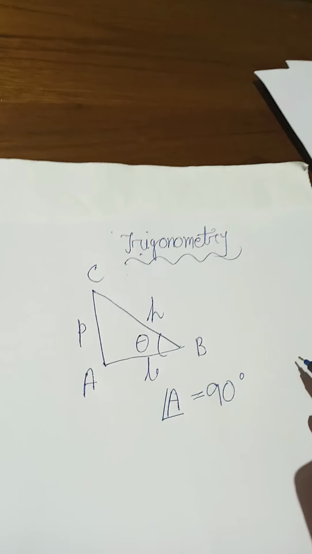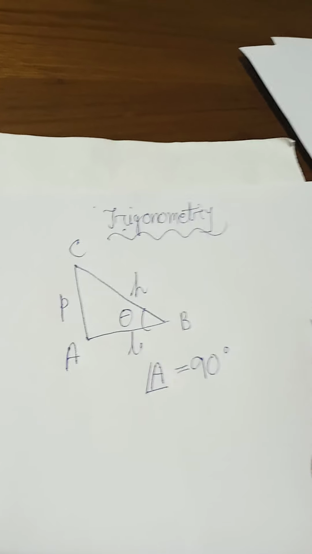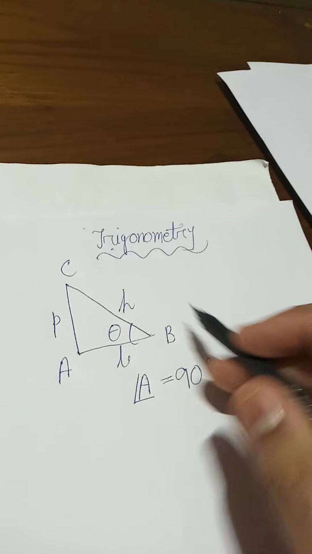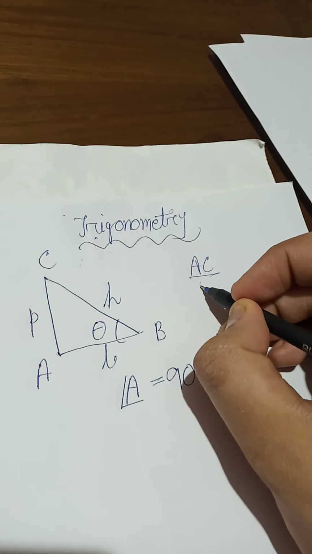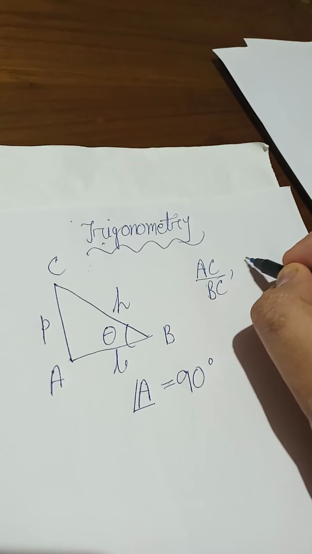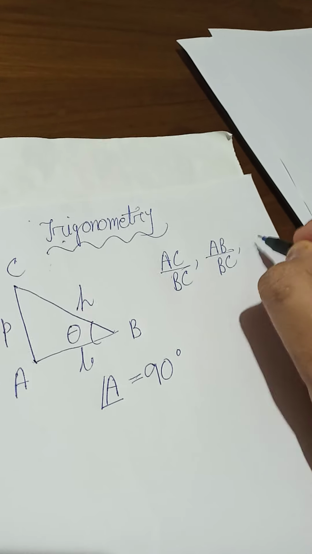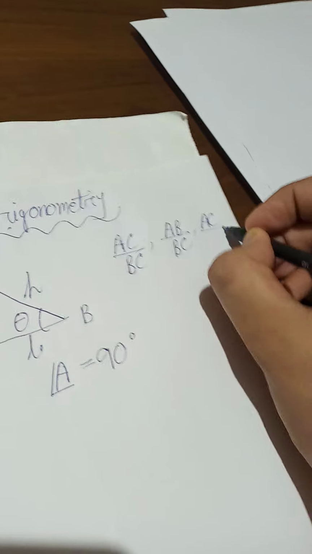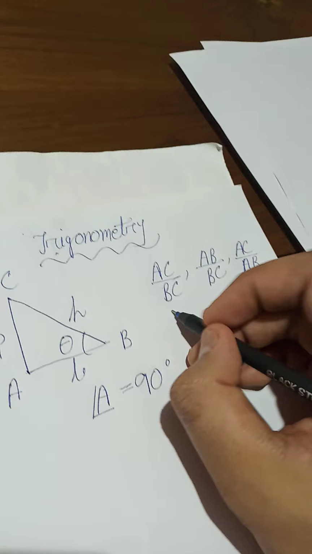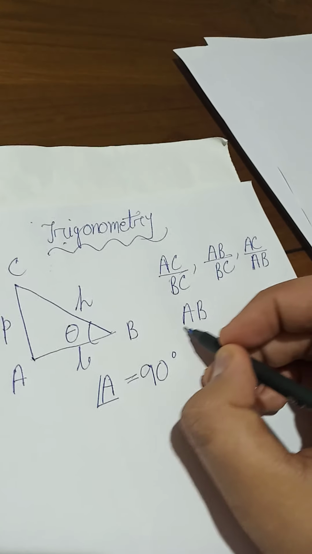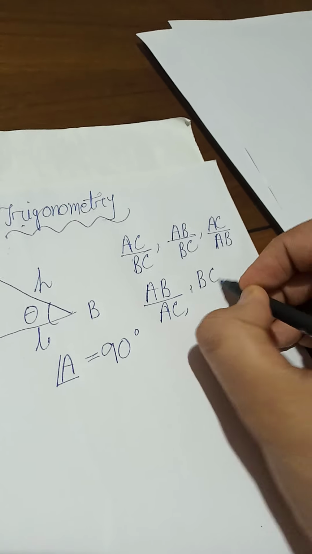Now we can obtain the 6 different trigonometric ratios from the sides of this triangle, and they are respectively AC by BC, AB by BC, AC by AB, AB by AC, BC by AB.